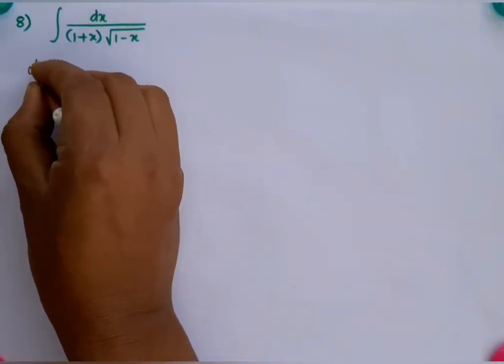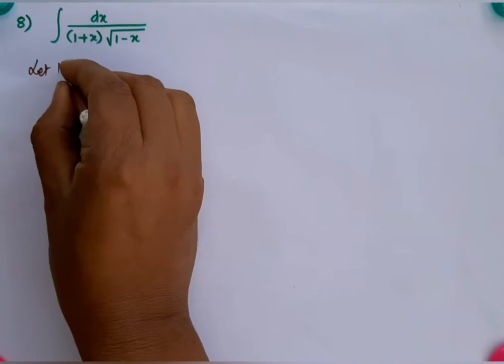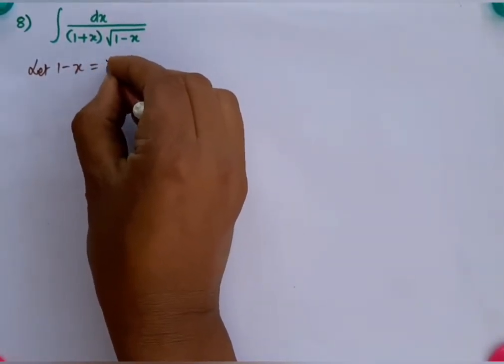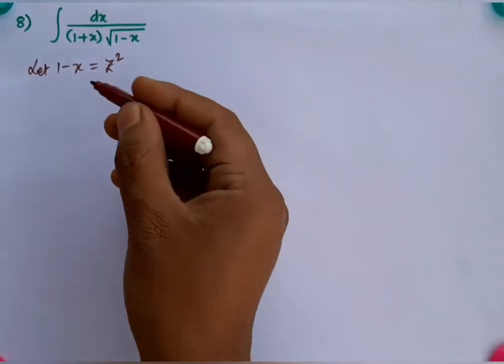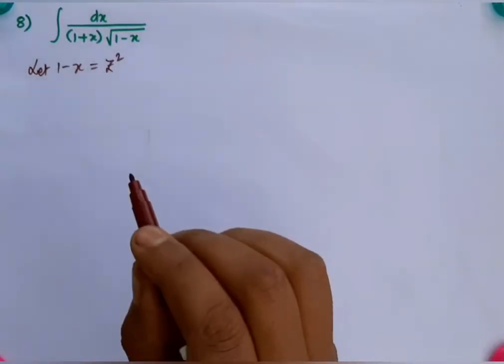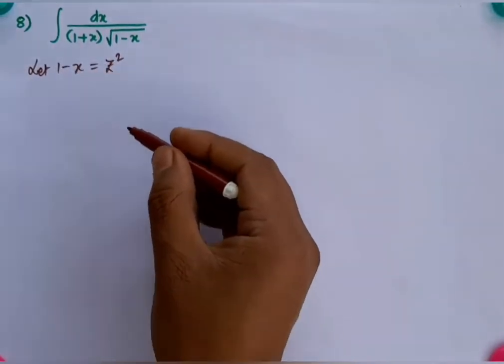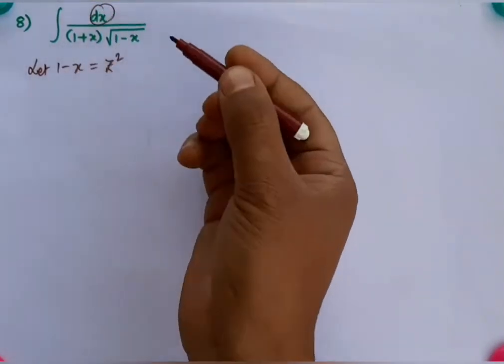So I'm assuming, so let 1 minus x, that is cx plus d, be equal to z square. So basically as you are substituting x with z, let's see what will be the value of dx. Okay, we need to substitute dx also.